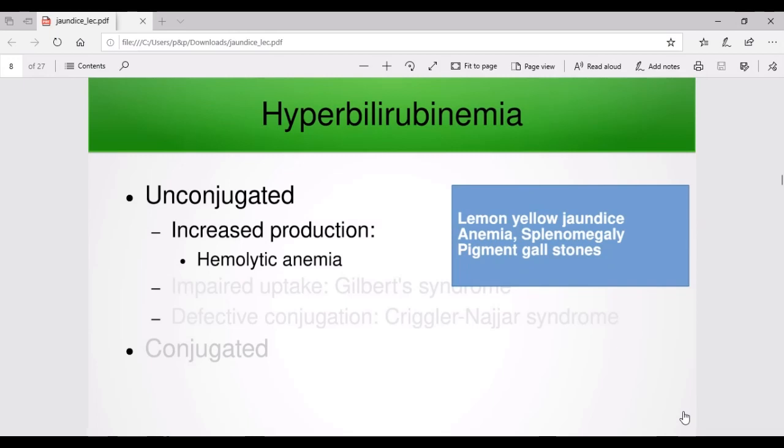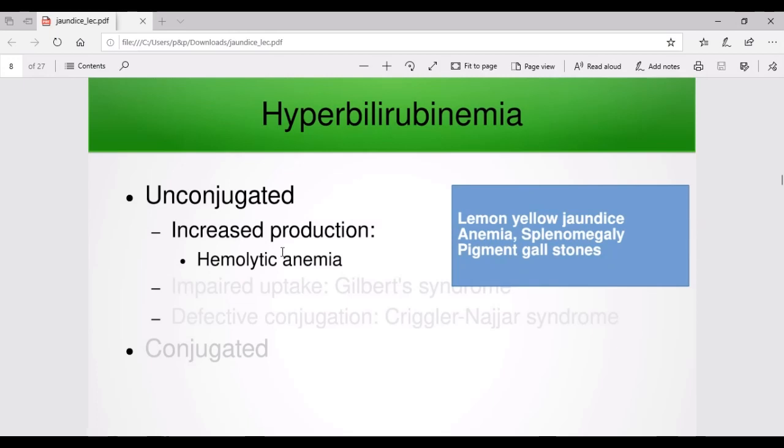So we also have increased conjugated bilirubin inside the biliary system, and the high concentration of conjugated bilirubin inside the biliary system facilitates formation of what we call pigment gallstones. So these are the features of patients with hemolytic anemia presenting with unconjugated hyperbilirubinemia.